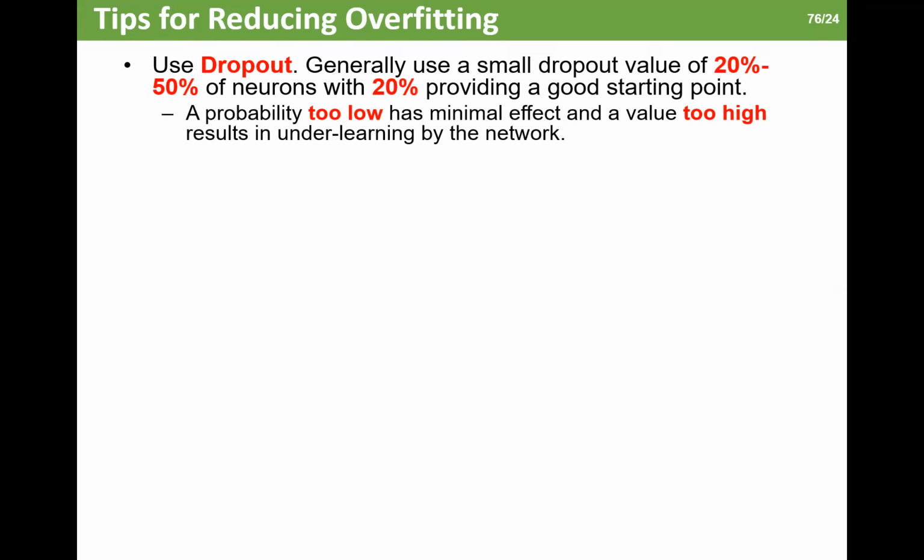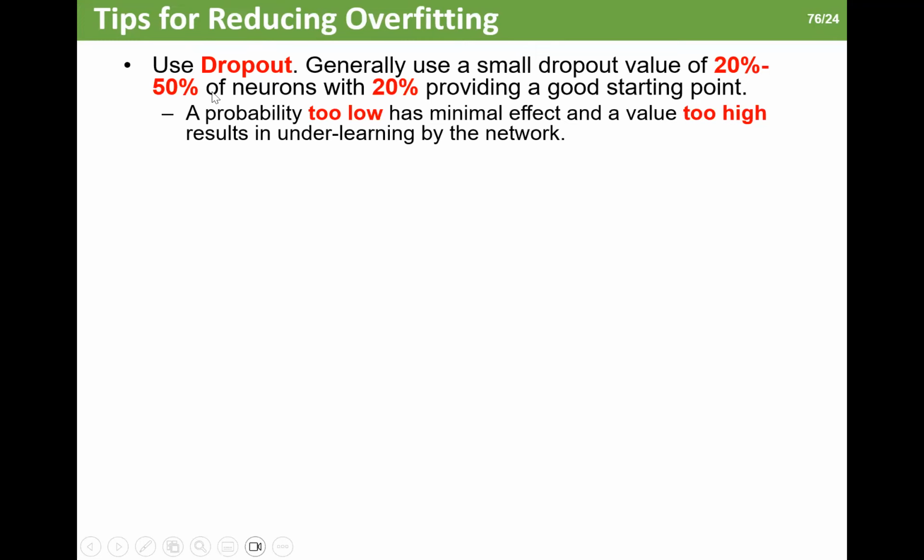If you remember, overfitting means that it's training very well on the training data. It may get 100% correct on training data, but when you try to test it with some new data it's never seen before, it does poorly. That's called overfitting. So the first method is dropout.